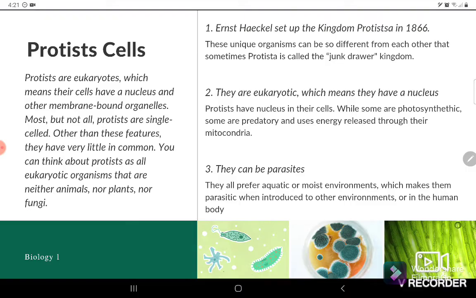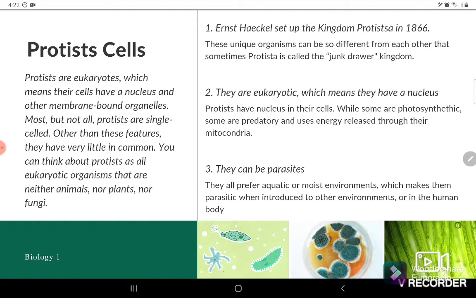Other than these features, they have very little in common. So you can think of protists as eukaryotic organisms that are neither animals, nor plants, nor fungi. These types of cells do not satisfy the characteristics of an animal, a plant, or a fungal cell.